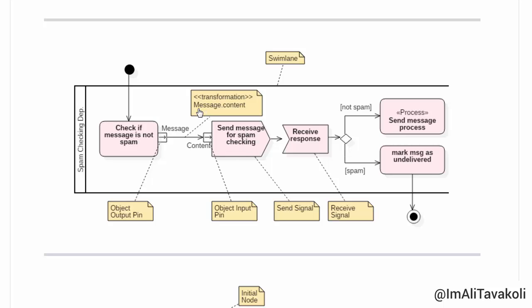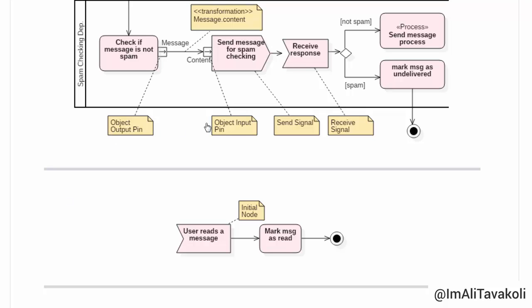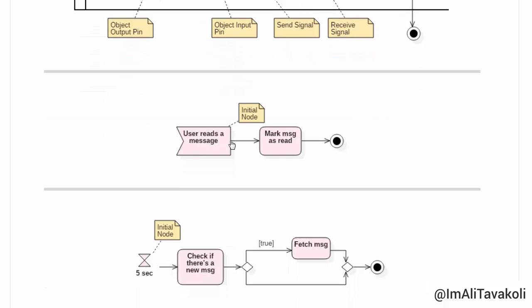It shows us exactly that the whole message object is not going to move to the next action, but only its content is going to be moved to the next action, which is send message for spam checking. So I hope I could explain this clearly. And that's it, all about the swim lane and object output pin and object input pin and signals.